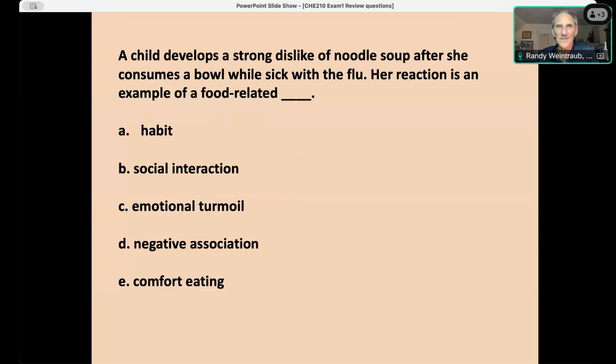If a child develops a strong dislike for noodle soup after she consumes the soup when she was sick with the flu, then her reaction is an example of a negative association. Okay? Some of the others you might think of, how those associations are with eating patterns.